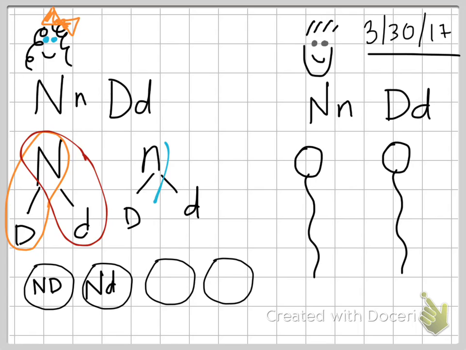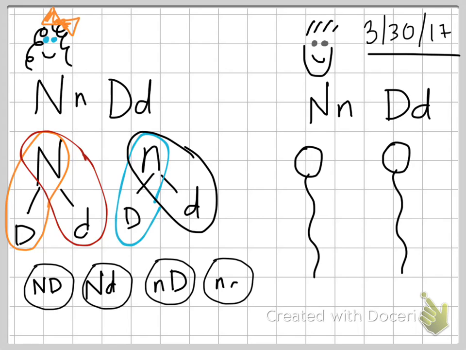We could have a little n, big D egg. And of course, our last combination, we could have a little n, little d egg. So with just two traits, if the parent is heterozygous for both of them, there are now 4 possible combinations for their gamete. How many genes did we say there were in a human? Like 30,000? Oh boy.